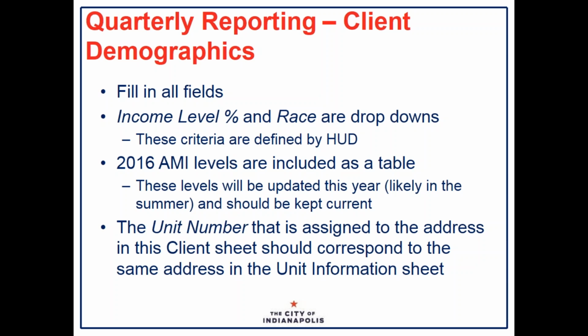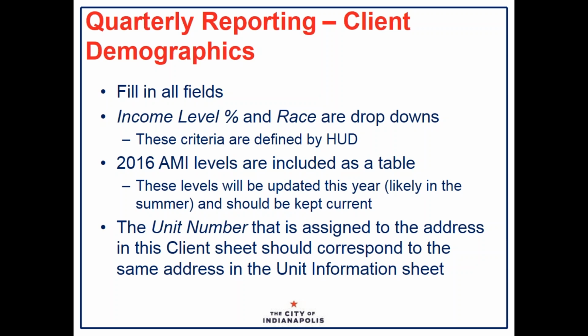And again, fill in all fields. Like I just said, the income level percentage and race are drop down. These criteria are defined by HUD, so we have to use the same language that HUD uses. And the 2016 AMI levels are included as a table. The 2017 AMI calculations haven't been released.